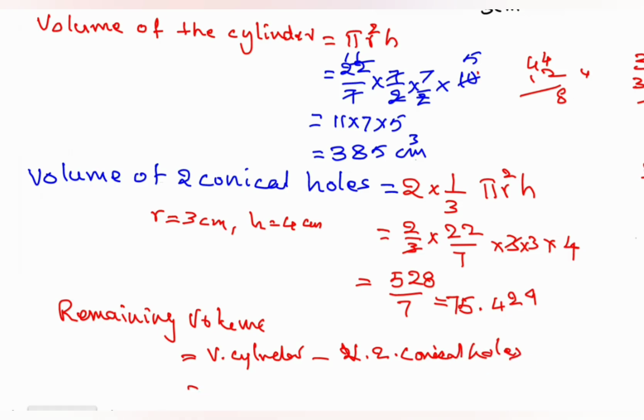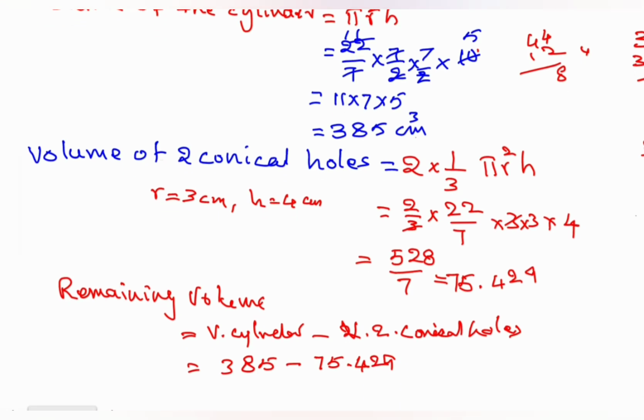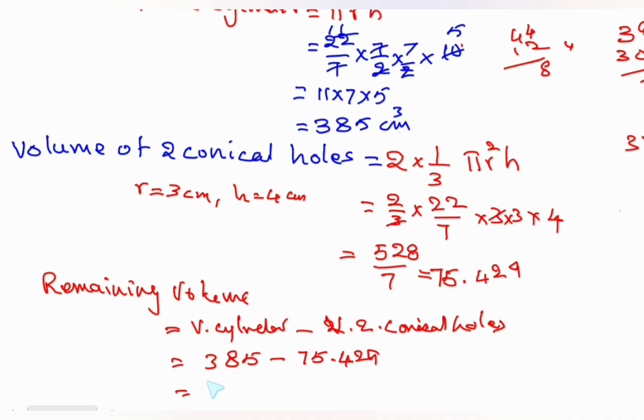This equals the volume of the cylinder, 385 centimeter cube, minus the two conical holes' volume, 75.429. This equals 309.571 centimeter cube.